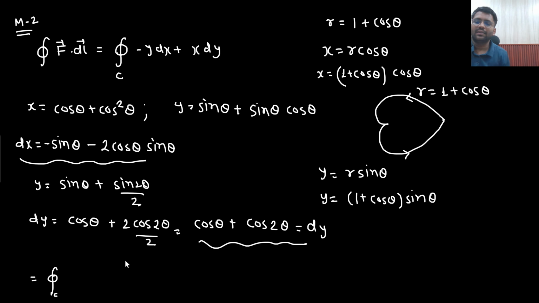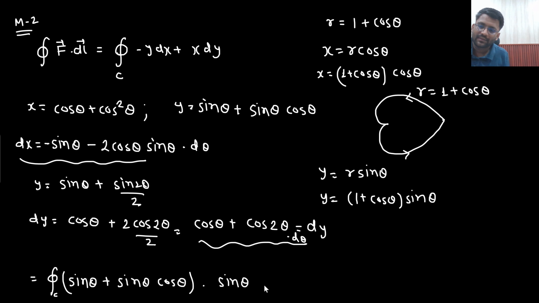What is minus y dx? It will come out to be sin theta plus sin theta cos theta, which I forgot to multiply with d theta, multiplied with dx, which is sin theta plus 2 sin theta cos theta, d theta, plus, and so on.